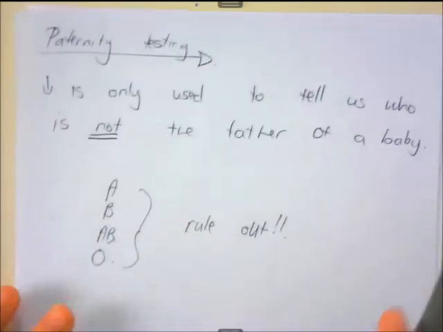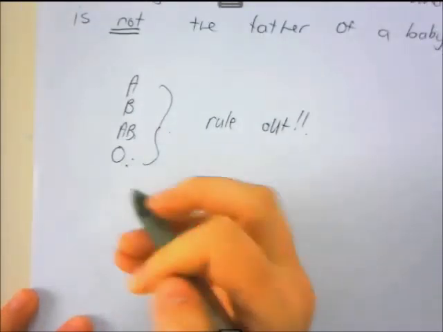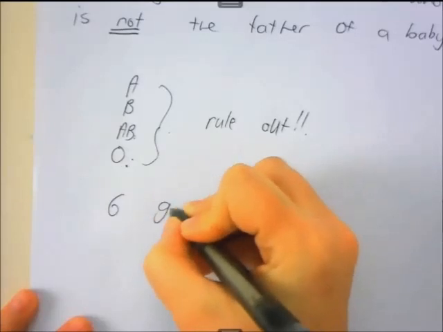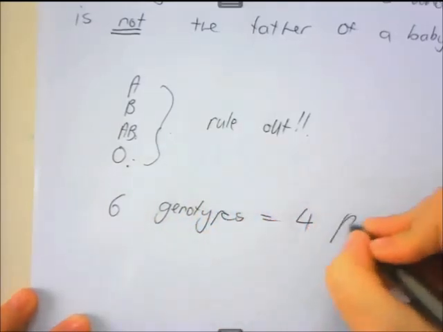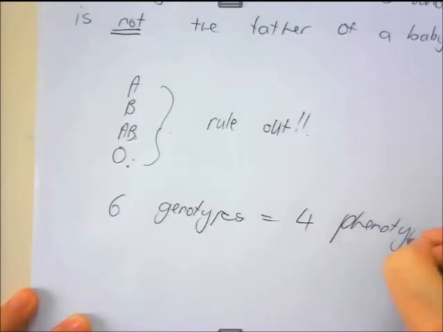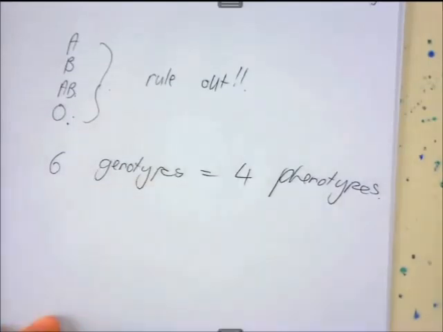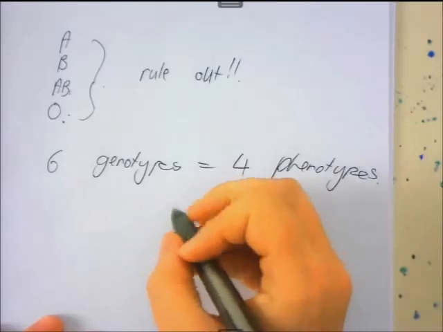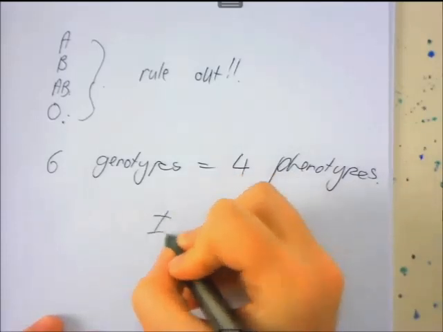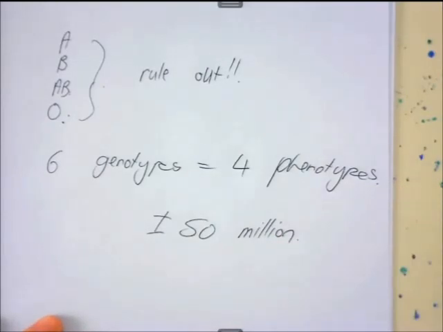And why is this? Because these are the 4 possible phenotypes, and you know that there are 6 possible genotypes which code for 4 phenotypes. If we keep it relevant and we just stick to the country and we don't even go globally and outside of our borders, we are sitting at plus minus 50 million people in the country.